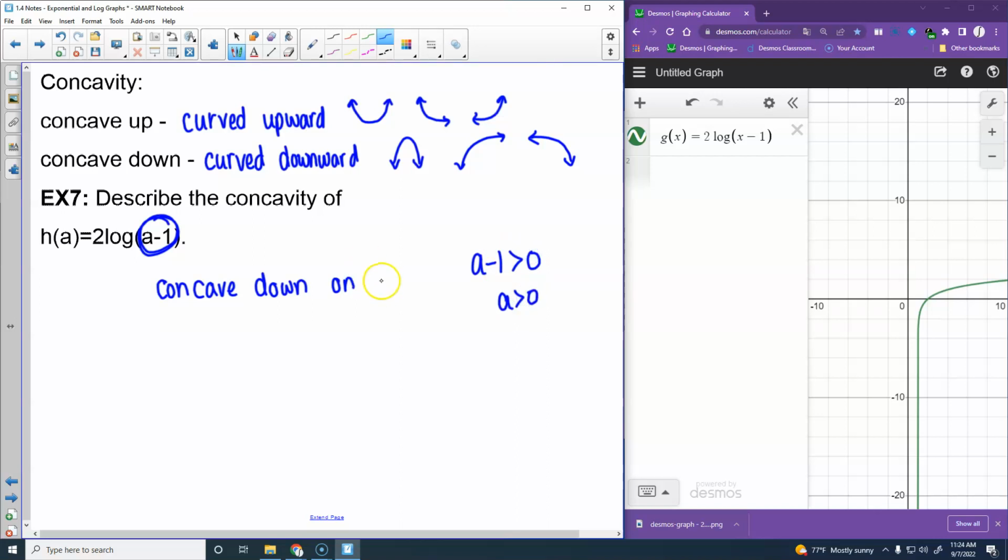So this would be concave down on, they use an a instead of an x for their variable here, so you could say a is greater than... I'm sorry, that's not right. What is it supposed to be? Not 0. I wrote the right thing and then didn't even add my 1 over here. A is greater than 1. So a is greater than 1. Or you could say 1 to infinity.